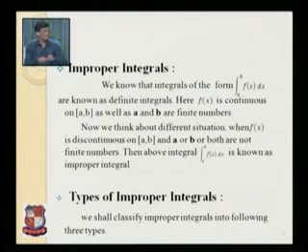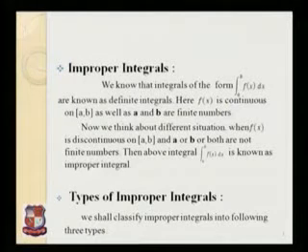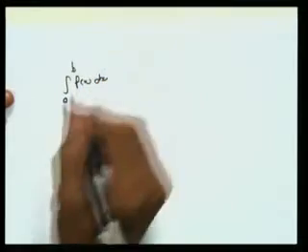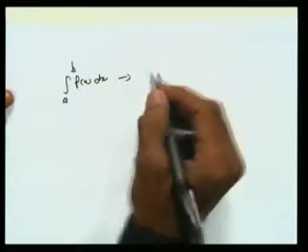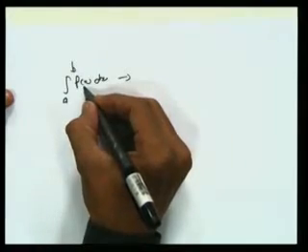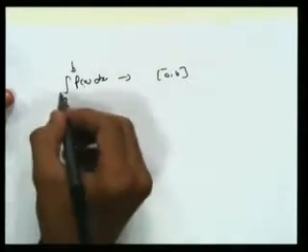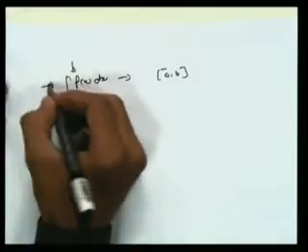What it wants to say is that if we have integration from a to b of some function f of x and if a and b both are finite numbers and function f of x is continuous inside the interval a b, then this type of integral is known as definite integral or proper integral.